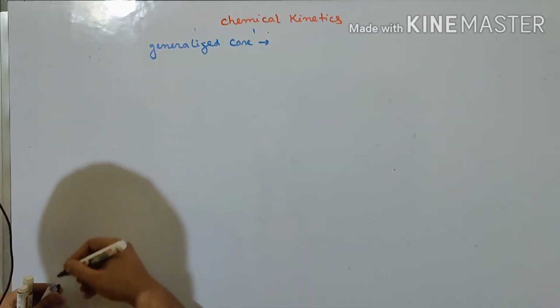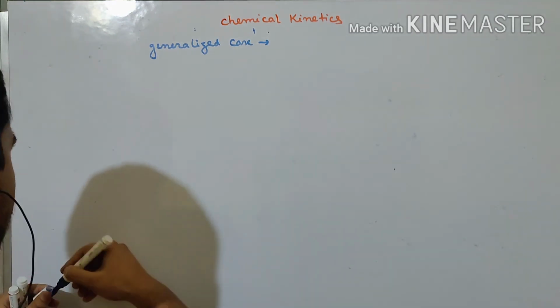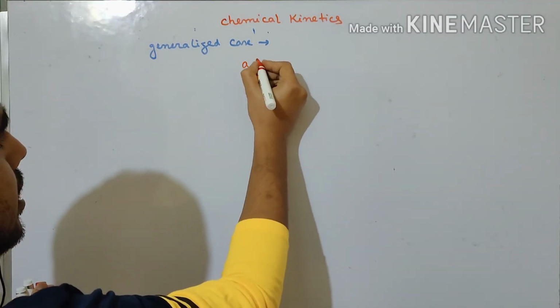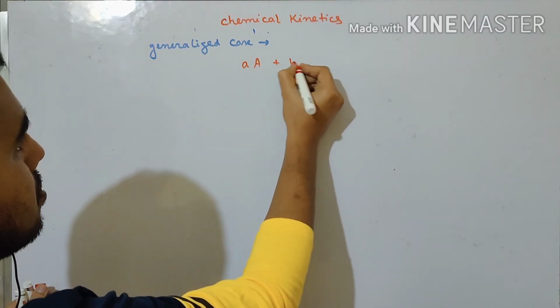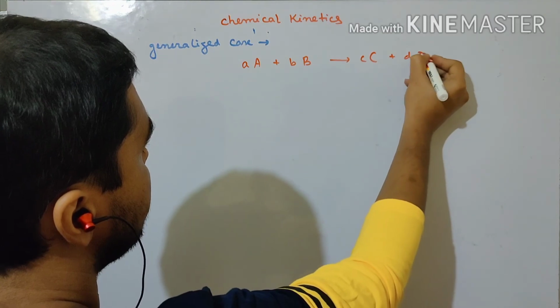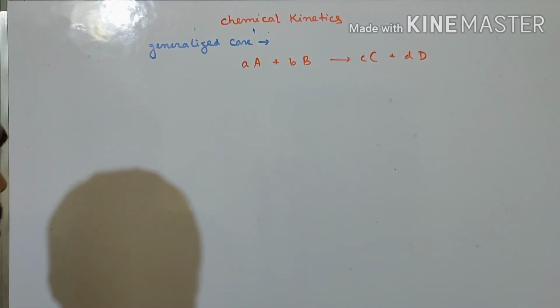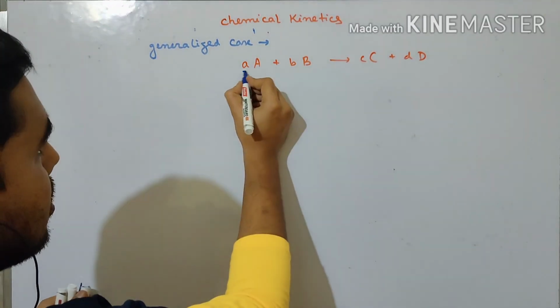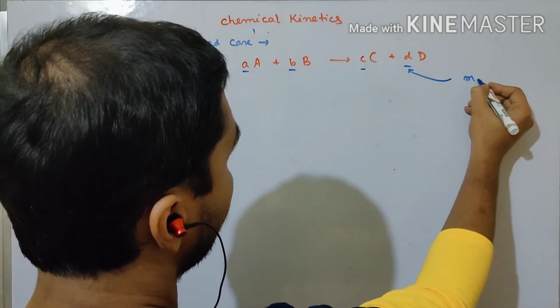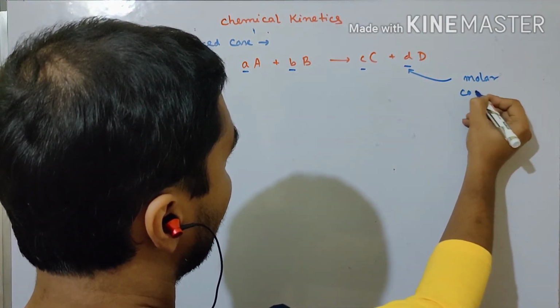Generalized case means we are considering this reaction, which is aA plus bB giving rise to cC plus dD. Remember, all these are molar coefficients.